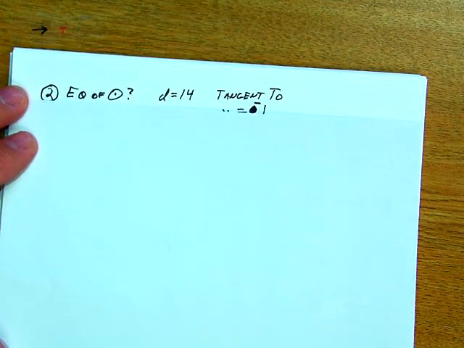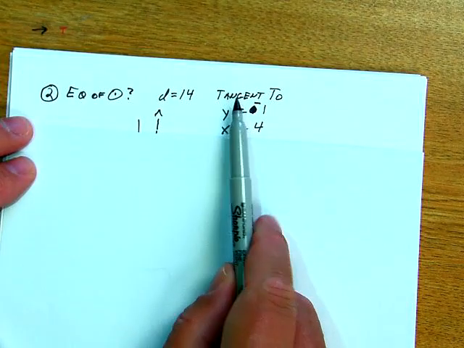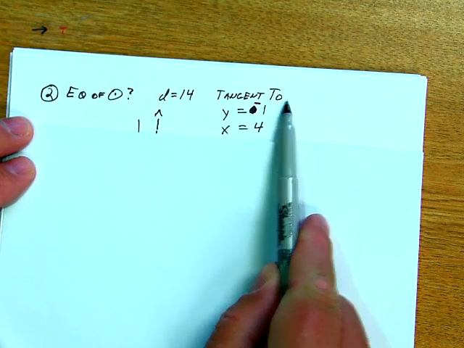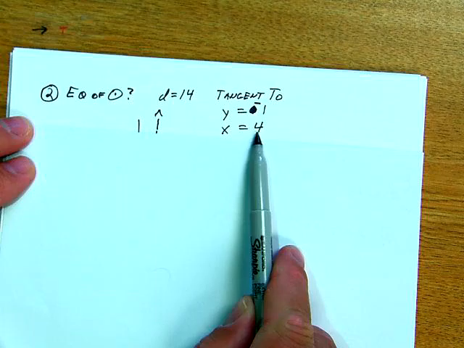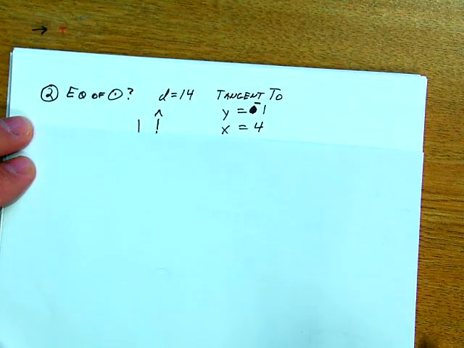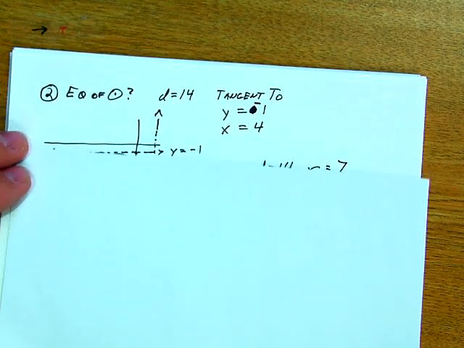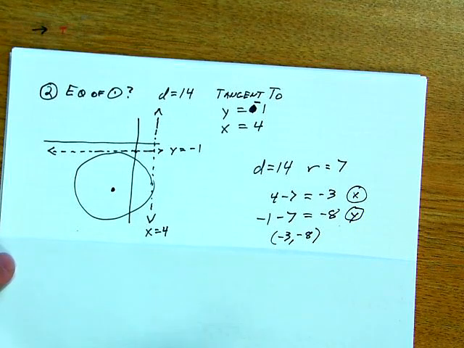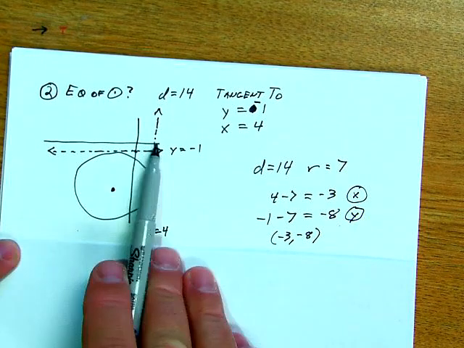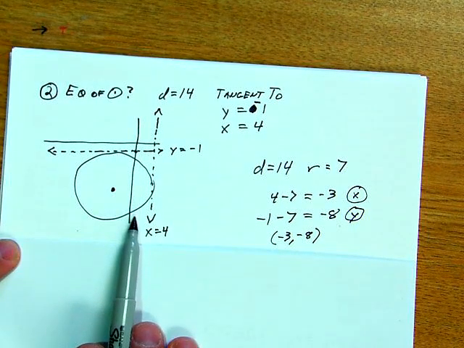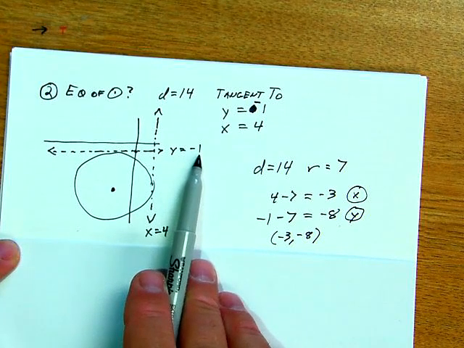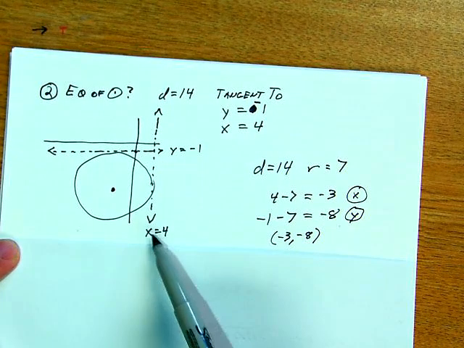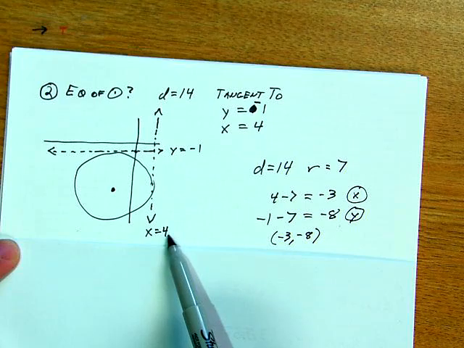They're saying, hey, this is a circle that's tangent to the following 2 lines, y equals negative 1 and x equals 4, and the circle itself is mostly in the 3rd quadrant. So I drew an example here of the 3rd quadrant down here. I drew a dotted line right here and labeled it y equals negative 1, and a dotted line down here and labeled it x equals 4.